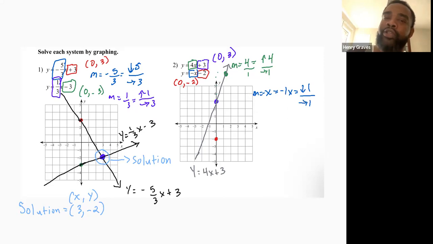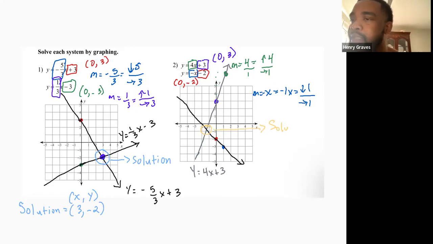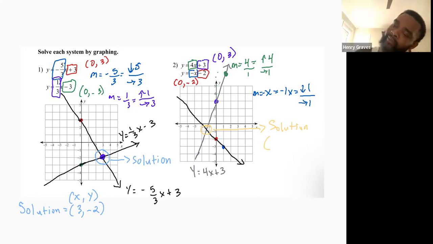And then I'm going to make sure they intersect. They intersect right over here, right? So that point is my solution. In this case, I'm going to just guesstimate my solution is at about (-1, -1). That'd be perfect as long as you graph it properly and you can tell that the lines intersect. That shows me you actually know what you're doing.